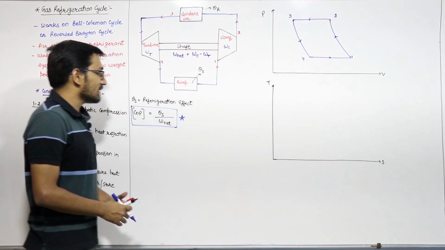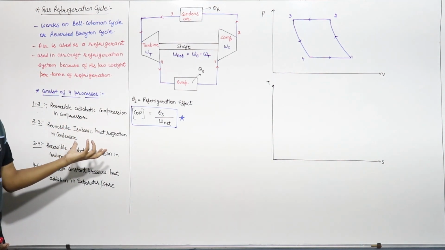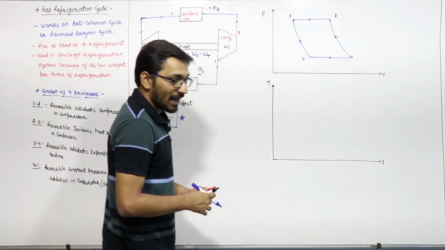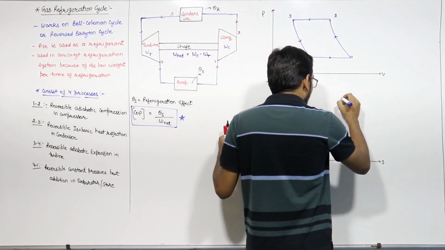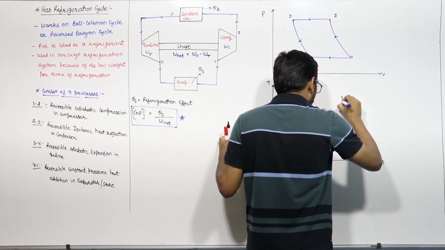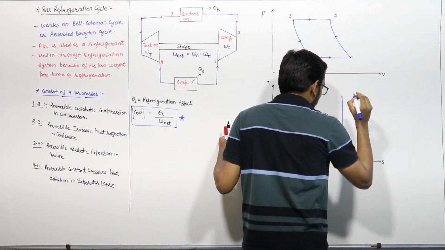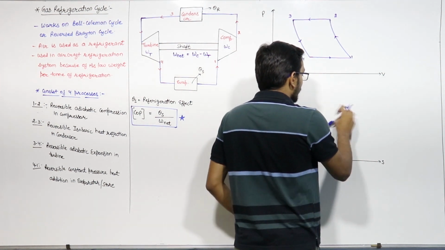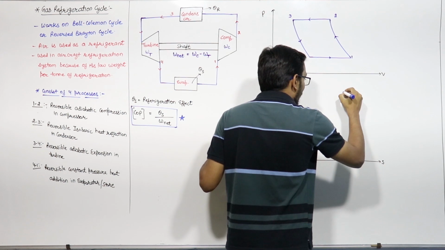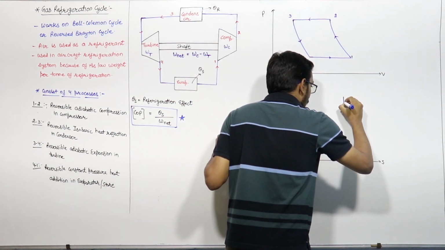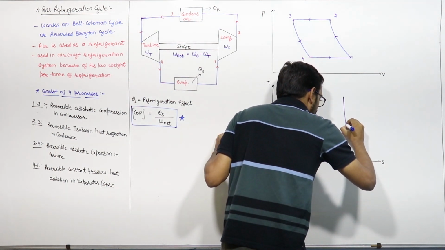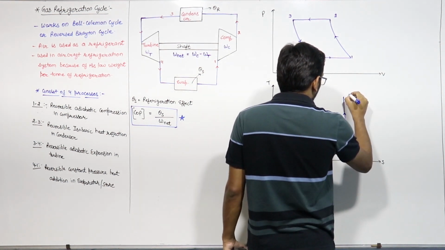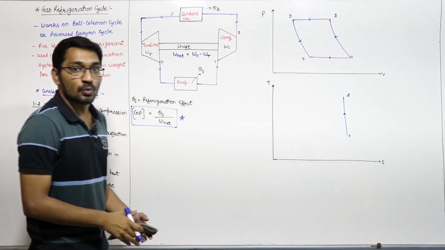Now the first process is adiabatic compression. In compression, temperature will increase. Adiabatic reversible means isentropic, so this is process 1 to 2, a straight vertical line, because entropy remains constant.